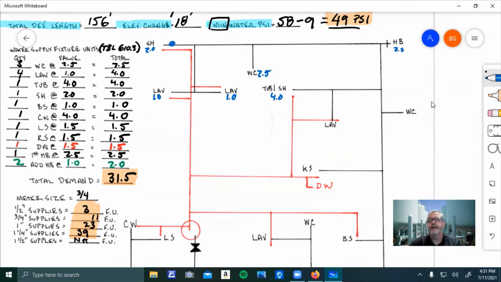Hose bib's 2.5. Okay, so if the shower's 2, then my fixture unit value here is 2, which means for 3 fixture units, this is only 2 fixture units, it's a 1/2 inch pipe. Okay, so this is 1/2 inch. All right. Now, what about this guy right here?